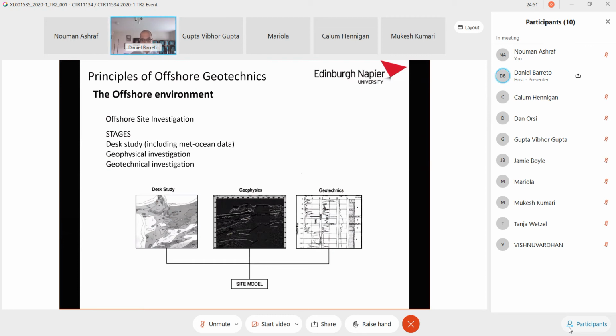You'll finish the session today knowing all the details of the second coursework submission, which of course is related to these two lectures that we are starting today.